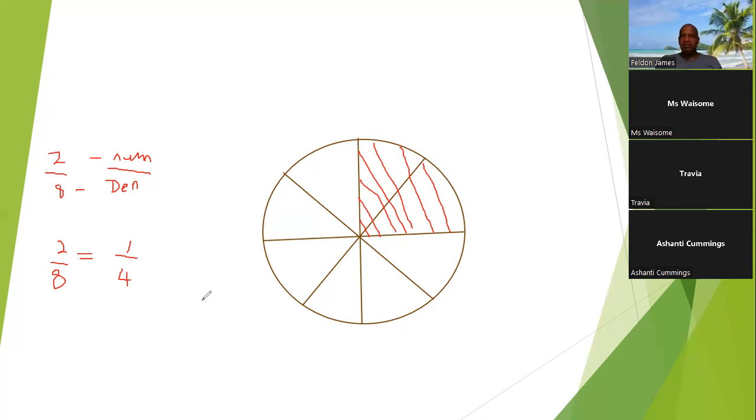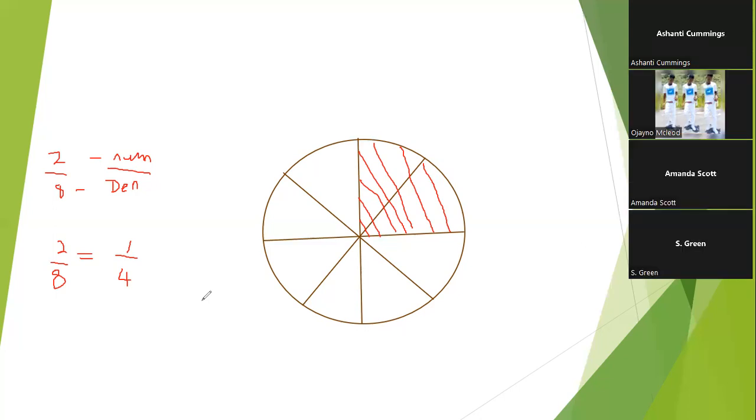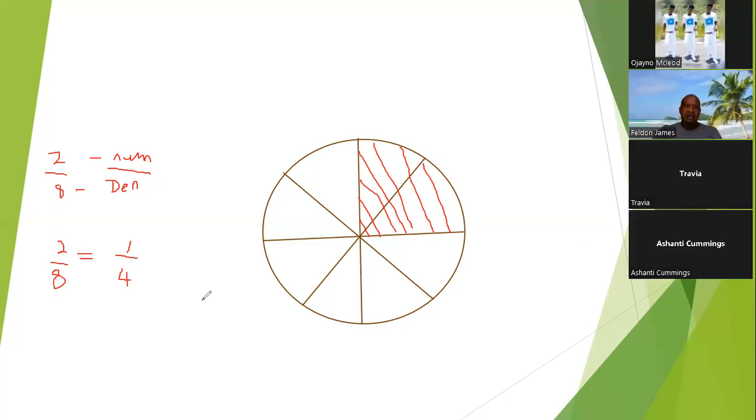So 1 slice out of 4 is the same as 2 slices over 8. Everybody agree with that? Raise your hand. All right, good.